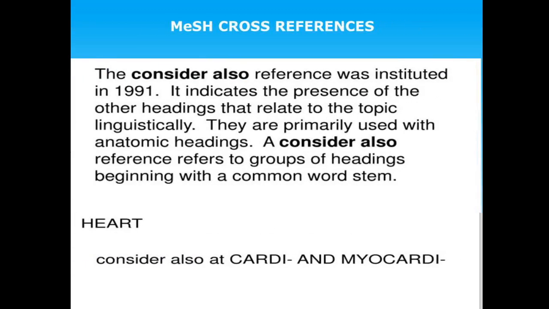And in case of Consider Also, it was instituted in 1991. They are primarily used with anatomic headings. A Consider Also reference refers to a group that begins with a common word stem. For example, heart. You can consider materials in heart, and you can also consider cardio or myocardial system, something like that.